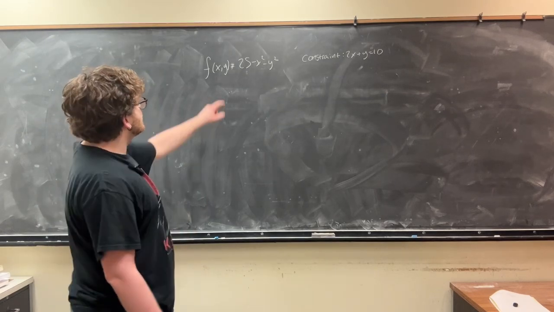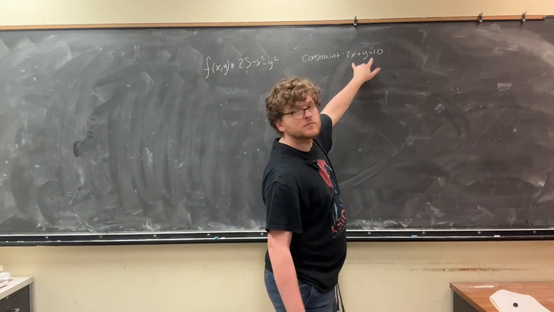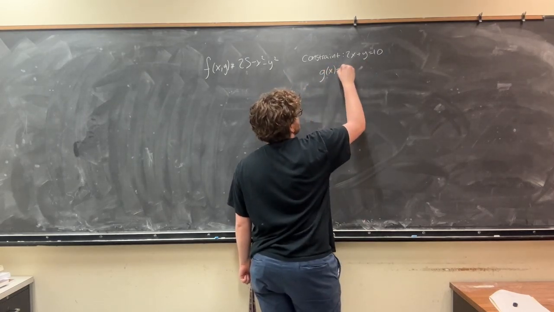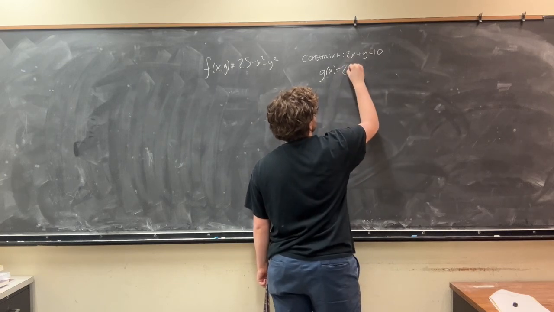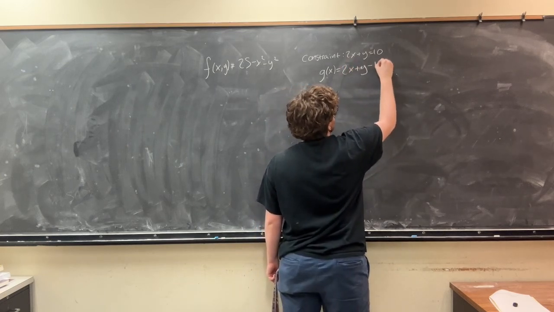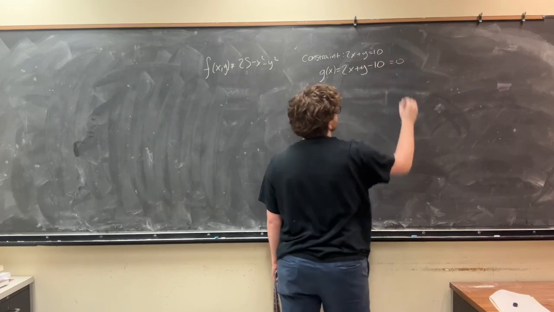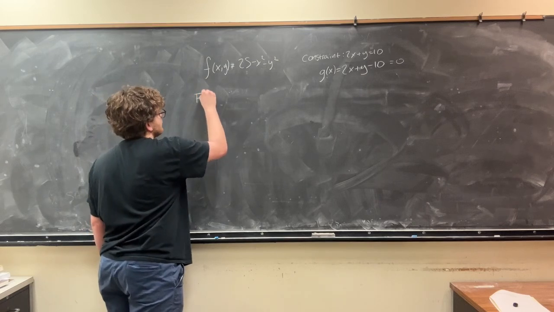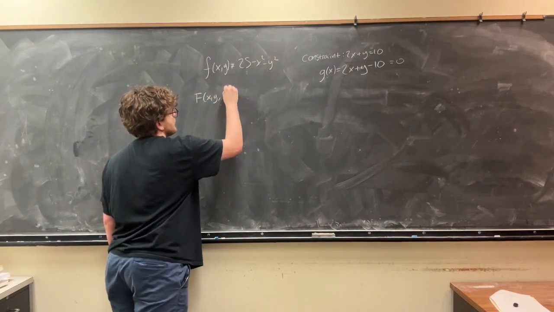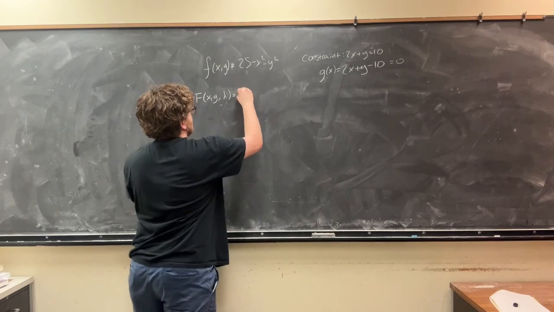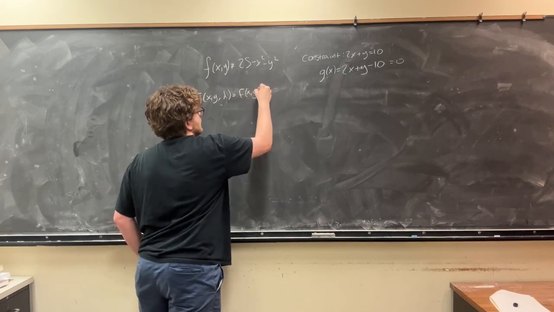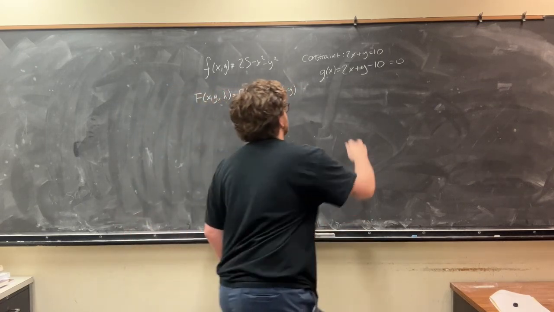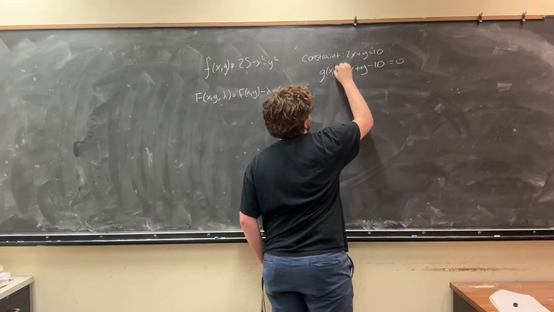Cool. Recall that if I have a constraint like this, I want to create g of x, y such that this is set equal to 0. So 2x plus y minus 10, which would equal 0. That gives us our capital F of x, y, and lambda, which is f of x, y minus lambda g of x, y.